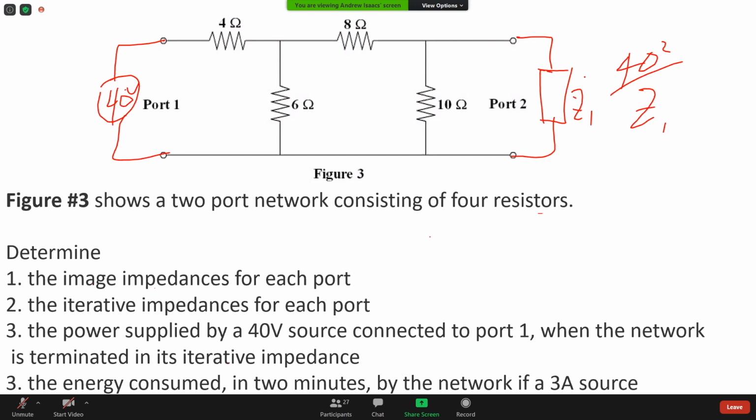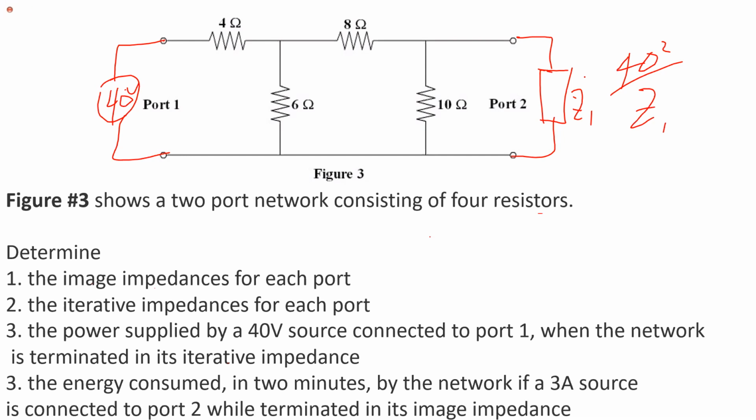Do me a favor, folks. I need to put up question number 4. What I want you to do, you calculated the image impedance of port 2 to be 5.453. Yes?